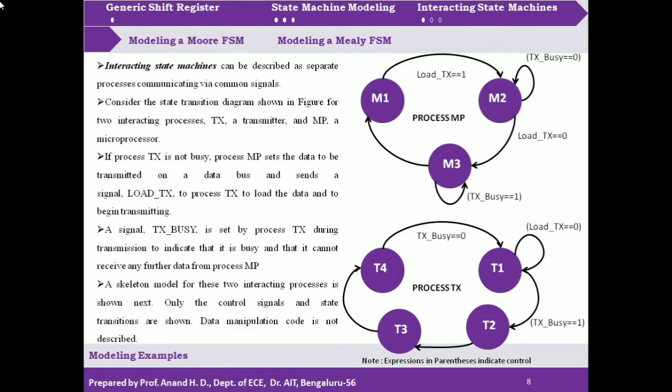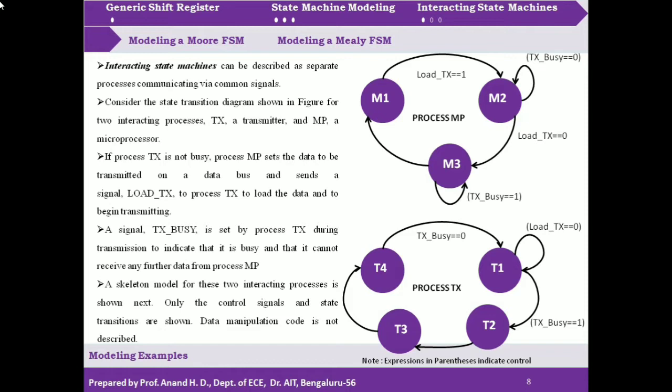Similarly, if the control signal TX_busy is 0, then it indicates that the transmitter is ready to accept the data which is sent by the microprocessor. And if TX_busy is 1, then it indicates that the transmitter is busy and it cannot accept further data sent by the microprocessor.